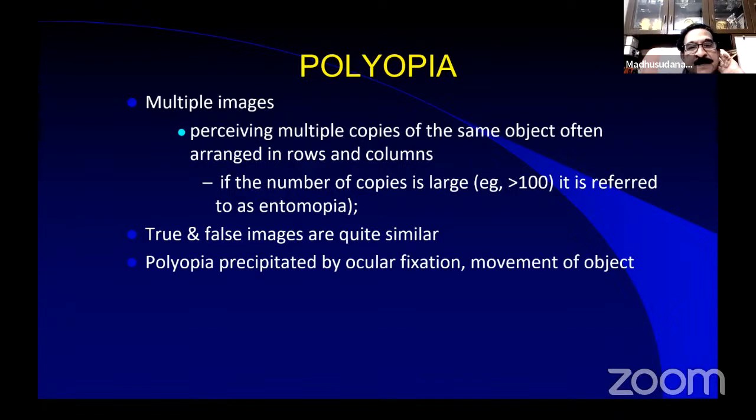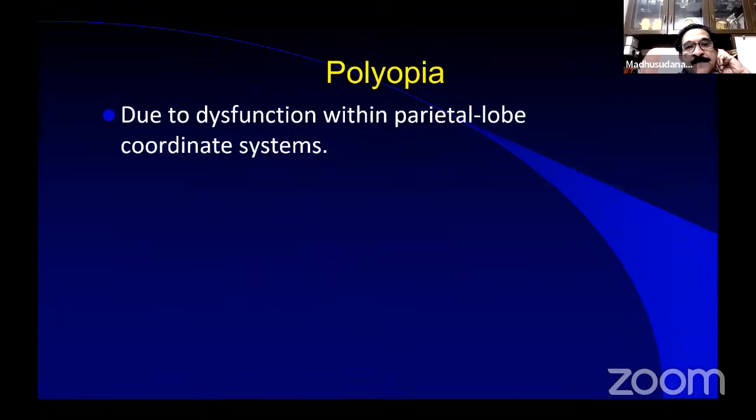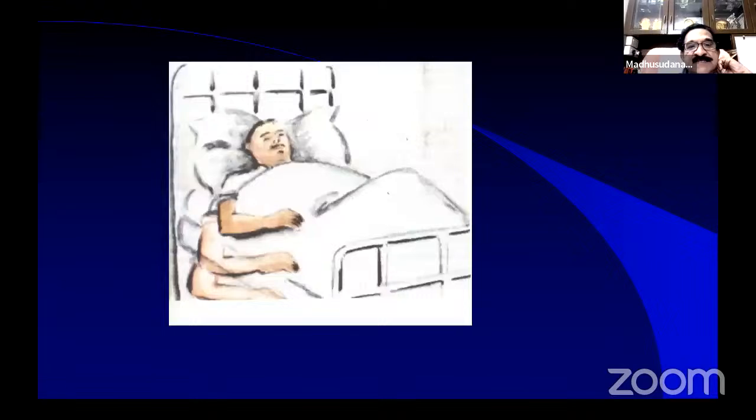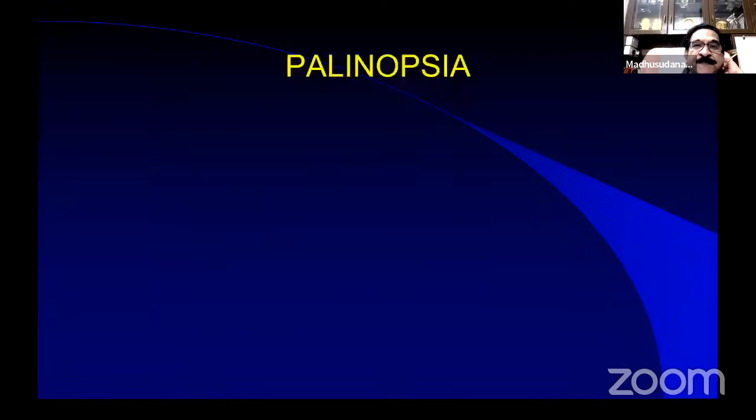Polyopia is often precipitated by ocular fixation or movement of the object. It can be associated with palinopsia, which I'll explain later. Polyopia is due to dysfunction within the parietal lobe coordinate systems. This is a classical picture of polyopia, where he sees multiple images of his upper limb.